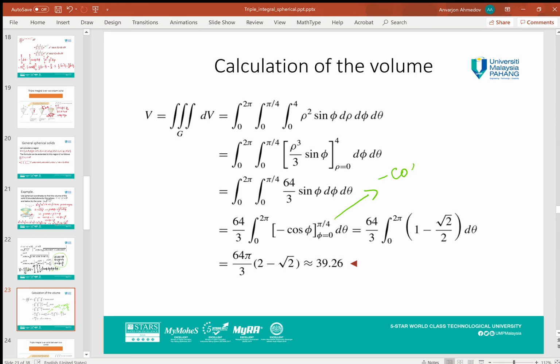Then I integrate by phi, the result will be negative cosine phi from 0 to pi over 4. So substituting the values gives 1 minus root of 2 over 2. Integrate by theta, then we get the result. So here cosine pi over 4 minus cosine 0 gives 1 minus root of 2 over 2. And this one, the result in the next integral.